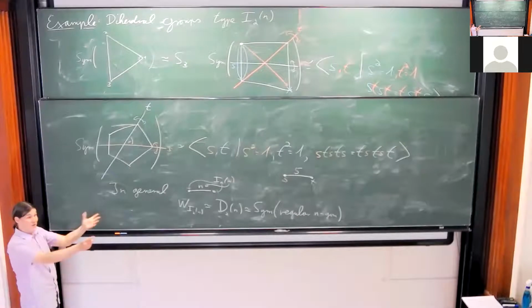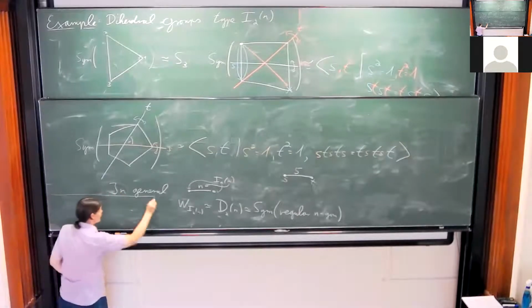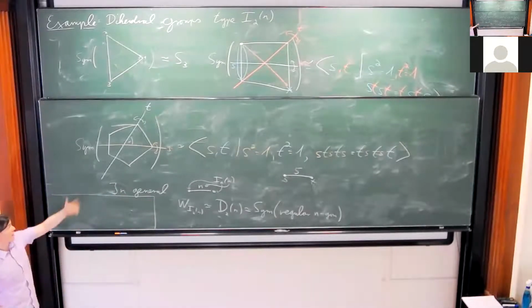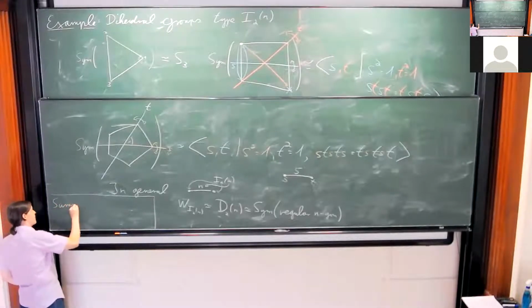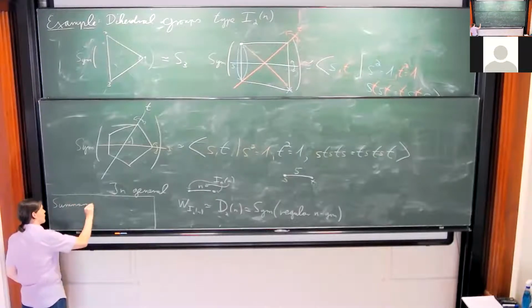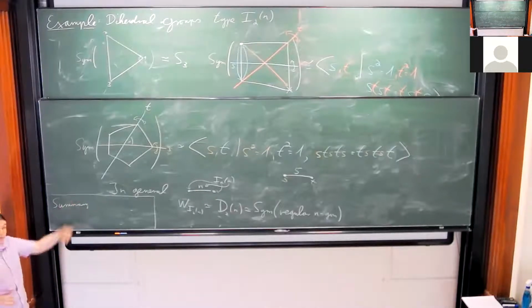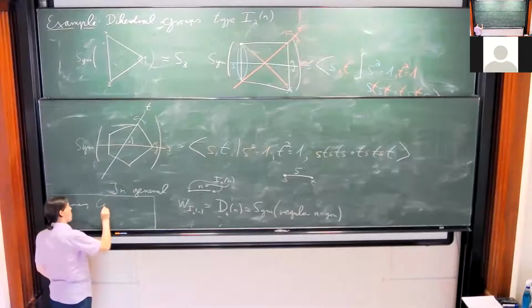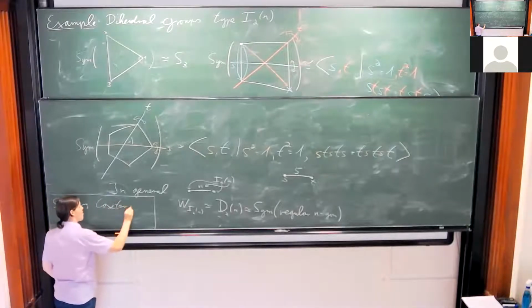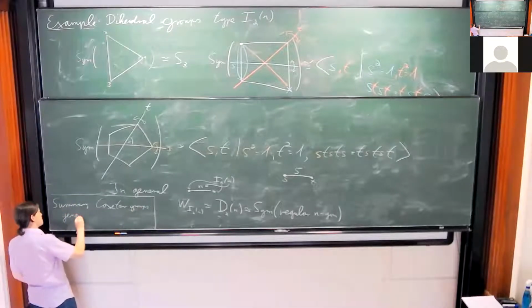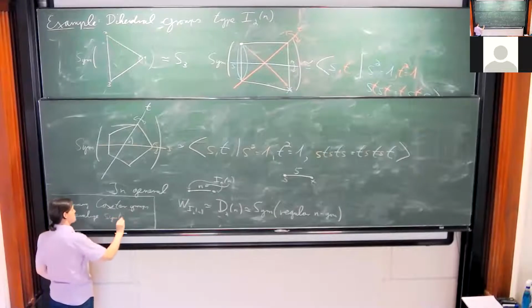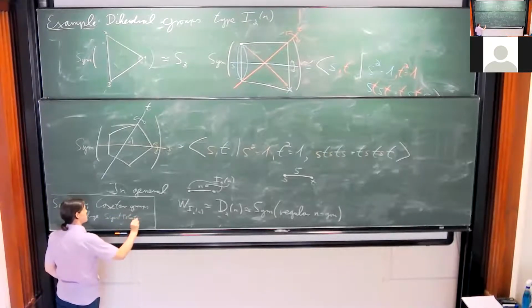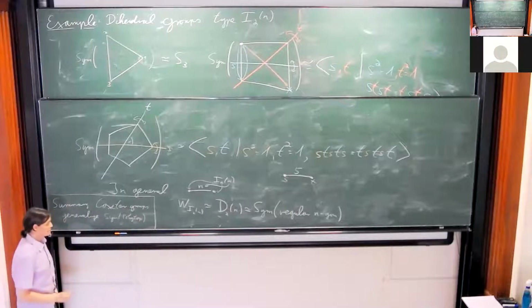Okay, so a summary of what I just said: Coxeter groups also generalize, not quite, but let me summarize nevertheless, Coxeter groups also generalize symmetry groups of polytopes. Why not quite?